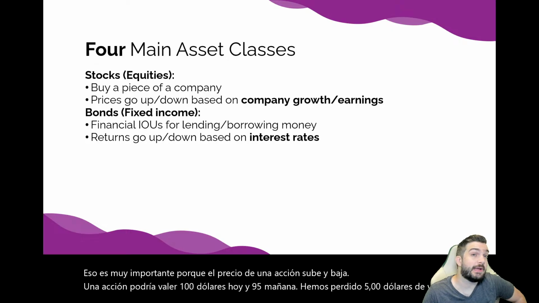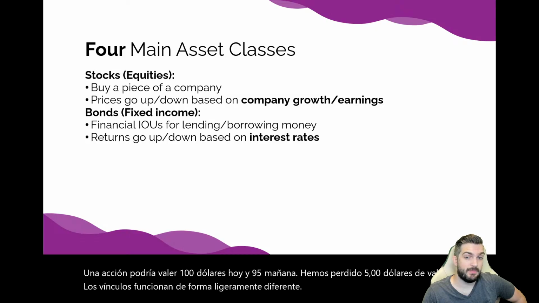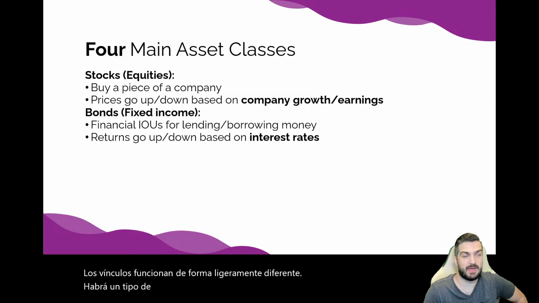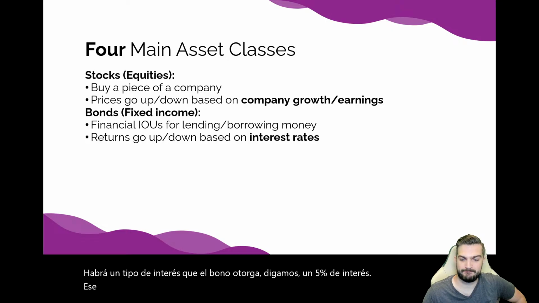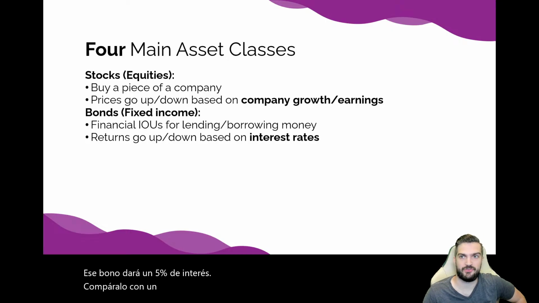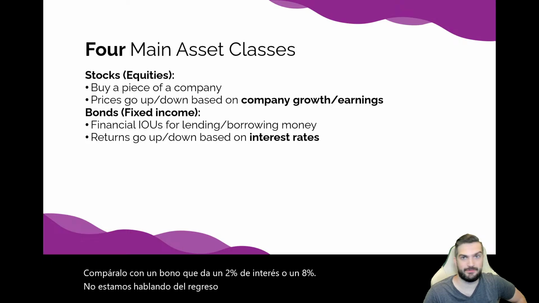Bonds work slightly different. There will be an interest rate that a bond gives, let's say 5% interest. That bond will give 5% interest. Compare that to a bond that gives 2% interest or 8% interest. We're not talking about the return of the bond being negative.